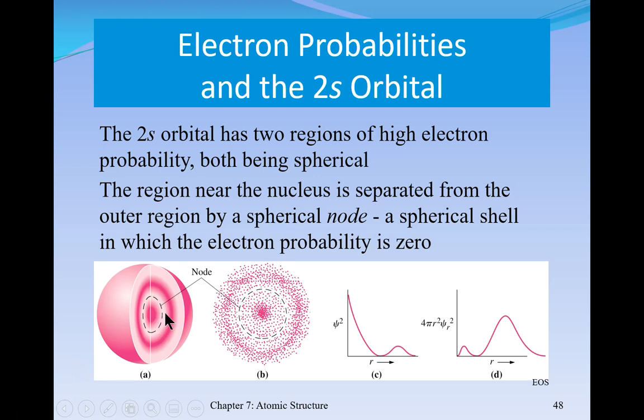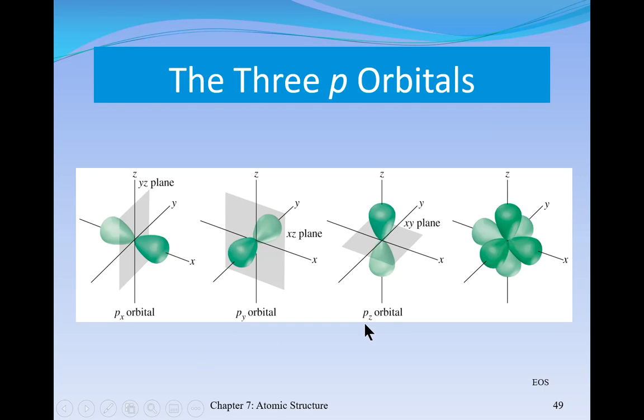So what you'll find is that as you go into higher energy orbitals where you have s orbitals, the number of nodes increases. So for the 3s orbital, it's going to have 2 nodes. For the 4s orbital, it's going to have 3 nodes, and so on. Then we get to the p orbitals, and it turns out that the p orbital is shaped like this.